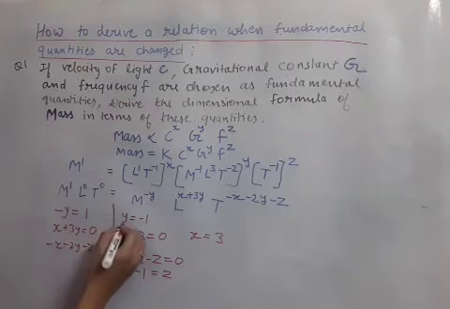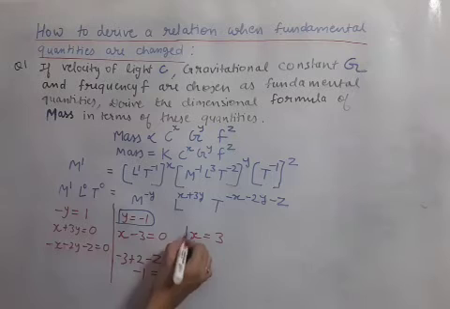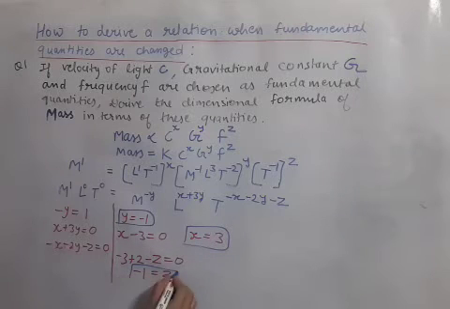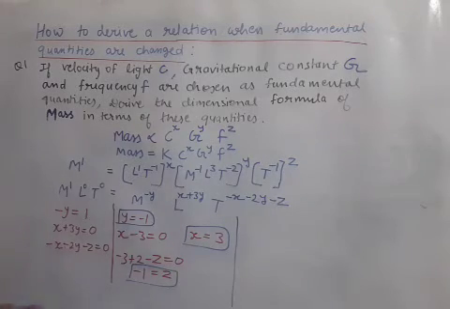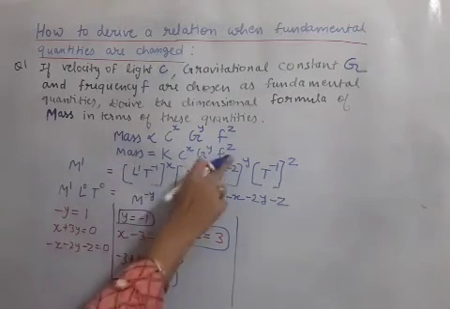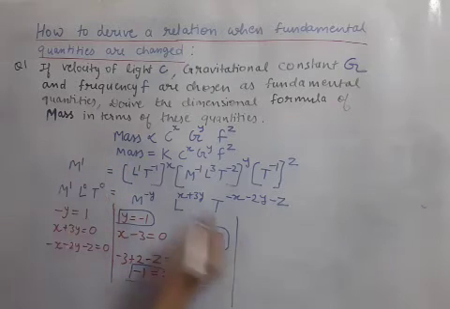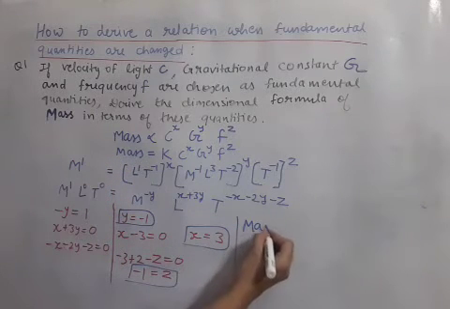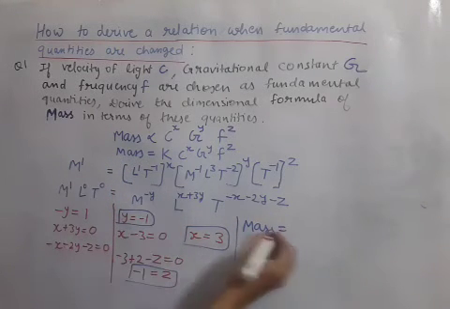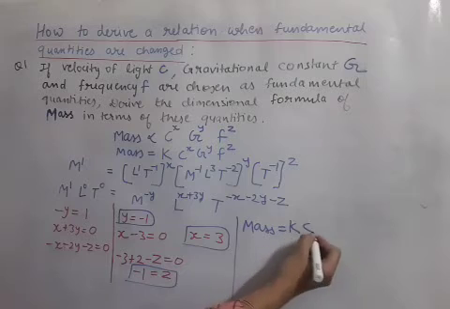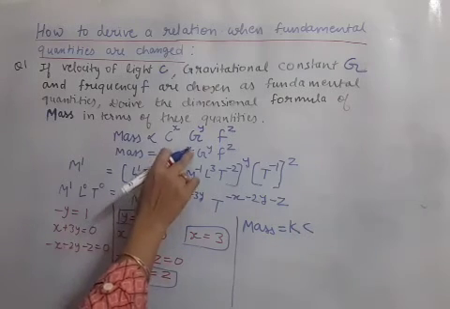Let us put boxes on the final answers. So these are x, y, z answers. Last step is that we have to substitute in the relation of k. Okay, in this relation of mass. So always in this formula we will substitute the final powers. So answer is mass equal to k c power x.